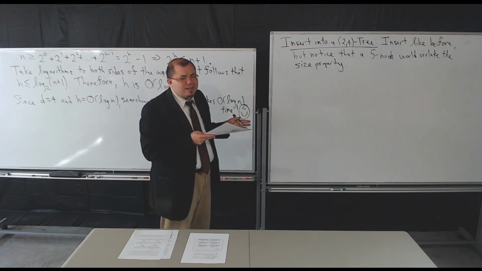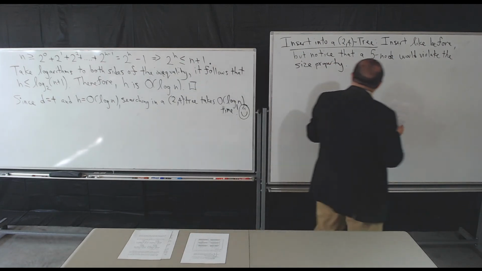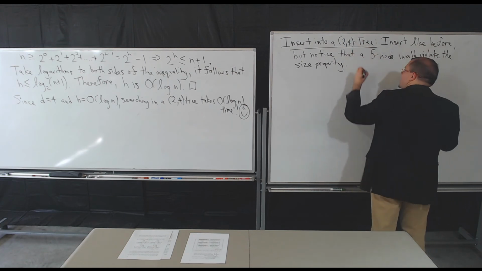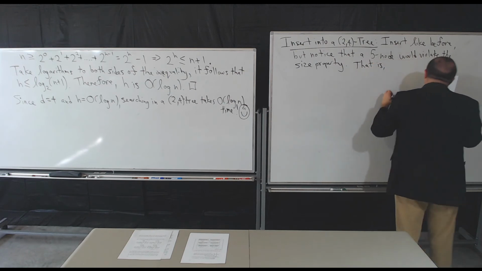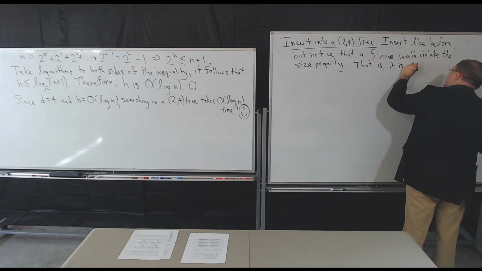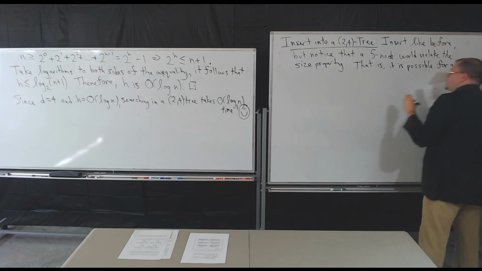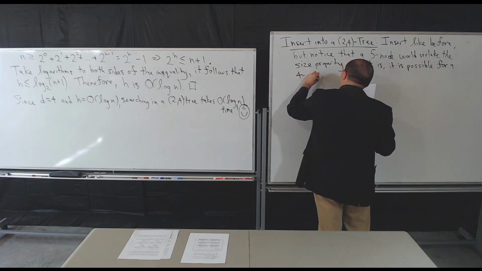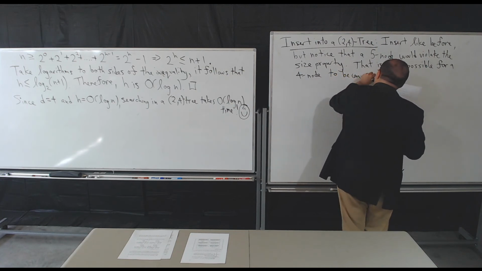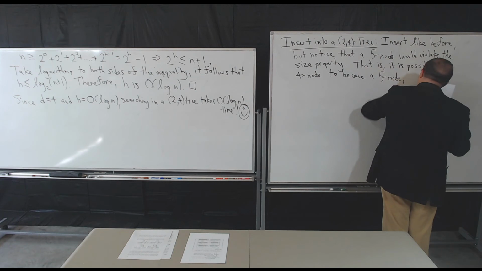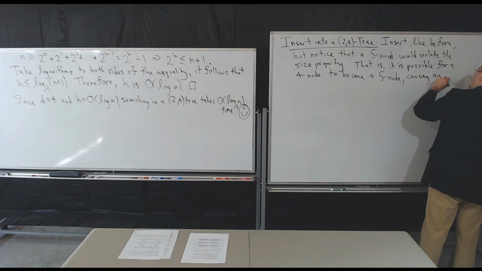That's when I put something into what was already a 4 node, right? So it is possible for a 4 node to become a 5 node, causing what we're going to call an overflow.